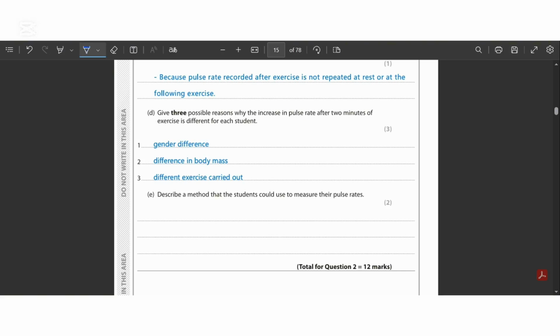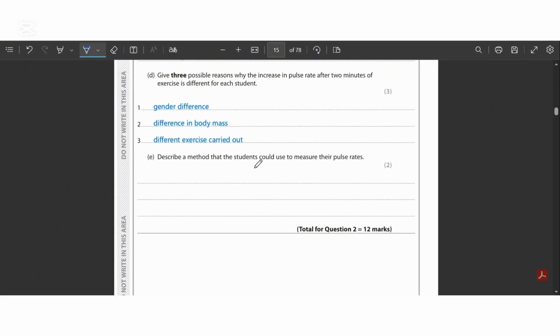Or maybe they are doing the same activity, but because of the difference in their bodies, they do not have the same pulse rate. All right. Let's move on to the last part, which is part A.